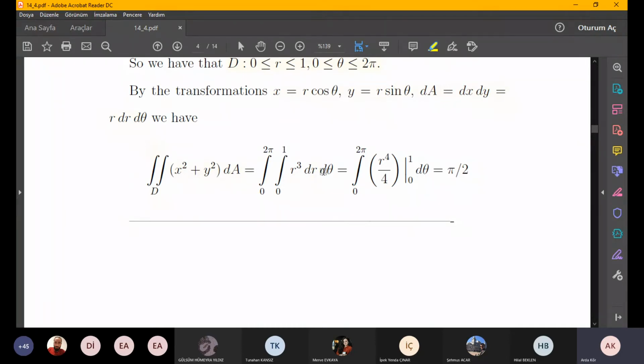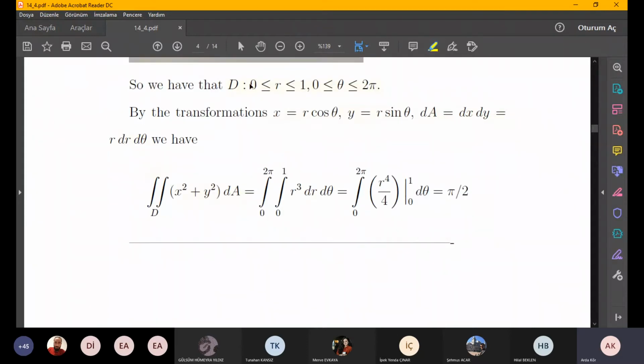From the integration order, if you start with dr, as the limits of integration you have to write the borders of r, which are between 0 and 1. And after that, you have to write the borders of theta, which are between 0 and 2 pi.